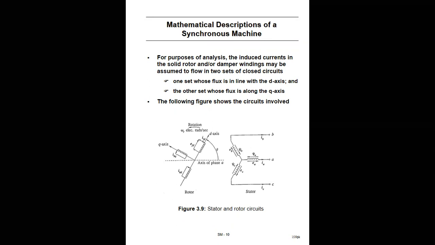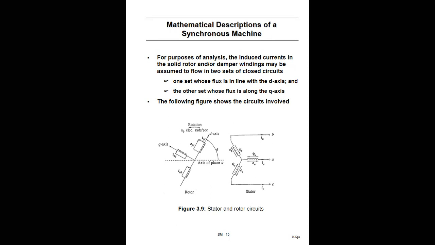For the purpose of analysis, the induced currents in the solid rotor or damper winding may be assumed to flow in two sets of closed circuits. One set has flux in line with the direct axis, and the other set has flux along the quadrature axis. The following figure shows the circuit involved.